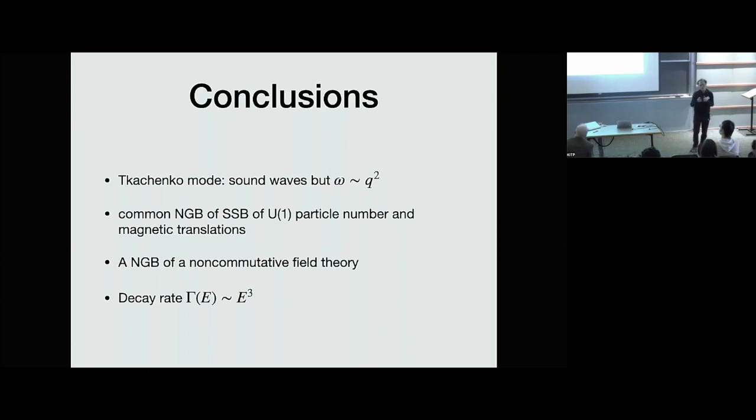But from the information that the magnetic translations do not commute, we find that this Nambu-Goldstone boson is best viewed as a Nambu-Goldstone boson in a non-commutative field theory. And from the structure of the theory, we can derive the decay rate of the Tkachenko mode. Gamma is equal to E cubed. Thank you very much.